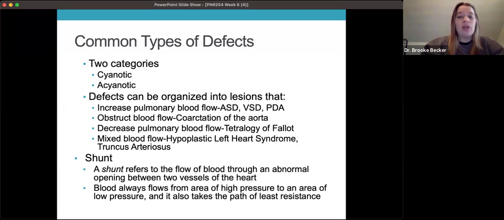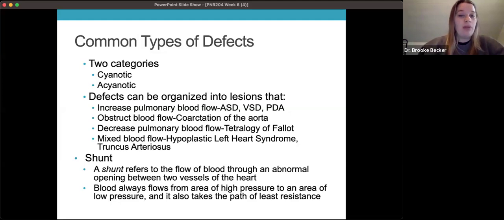Those increased pulmonary blood flow defects, your ASD, VSD, and PDA, are going to be your acyanotic lesions, because they force the blood to circulate more often to the lungs.